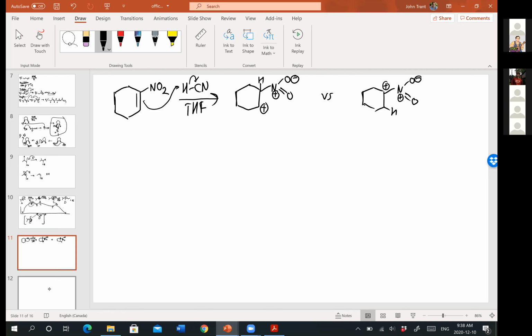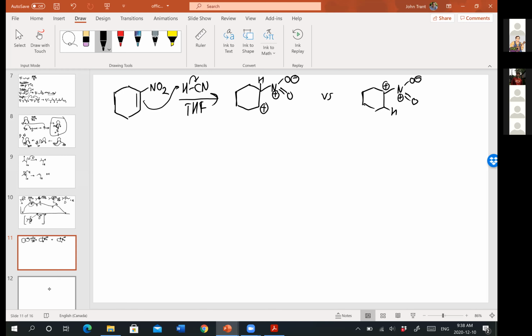So the nitro group looks like that. You basically have a positive charge on nitrogen at all times in a nitro group. It's electron poor. It's basically donating 2 of its electrons away to one of the oxygens to make the double bond, and there's no other way to do it.